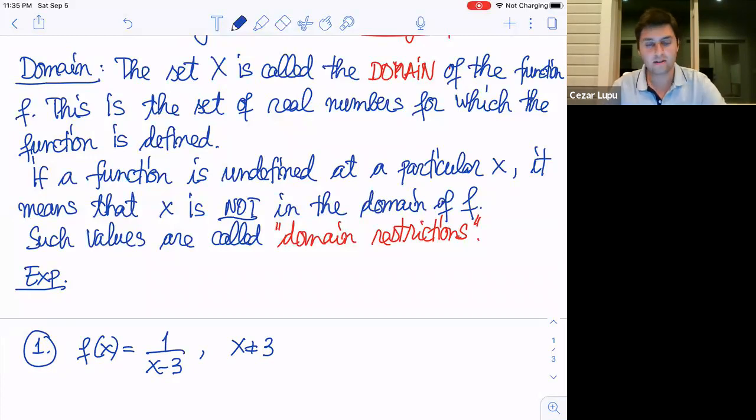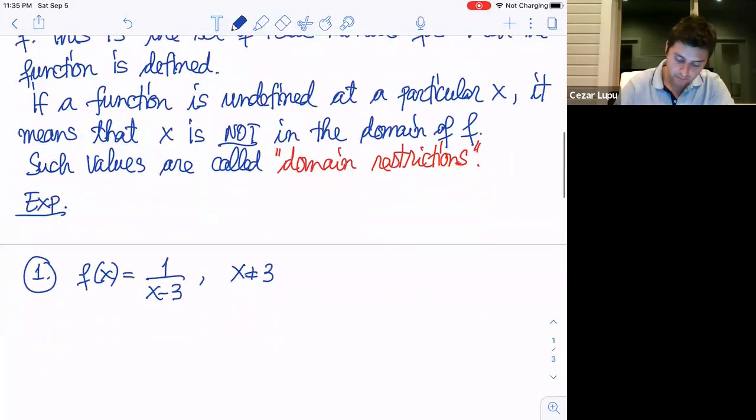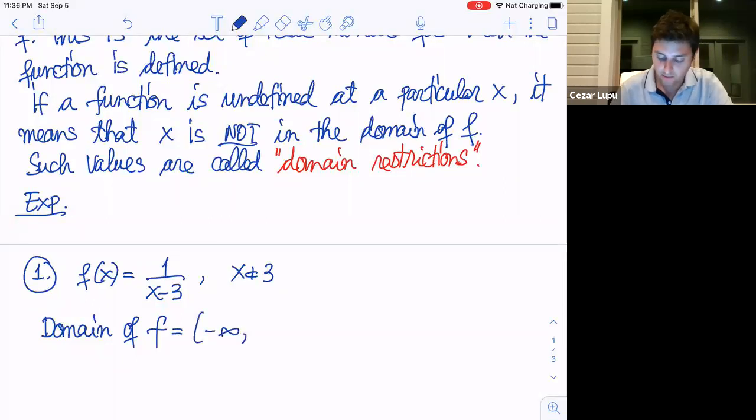In other words, since x is different than 3, so that this can exist, it follows that the domain of f is nothing else than just this union of intervals, negative infinity to 3 open, and 3 to positive infinity.